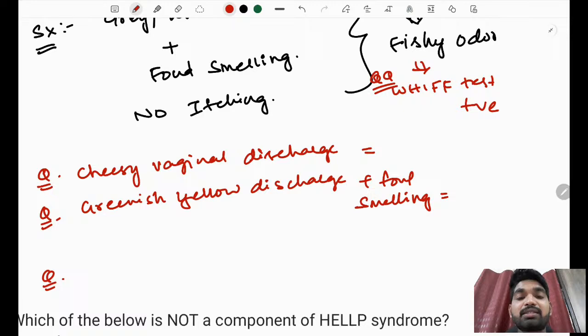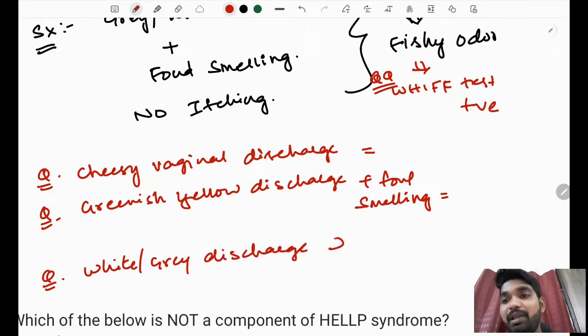And one more case tells you there is white or grey discharge, plus foul smelling.